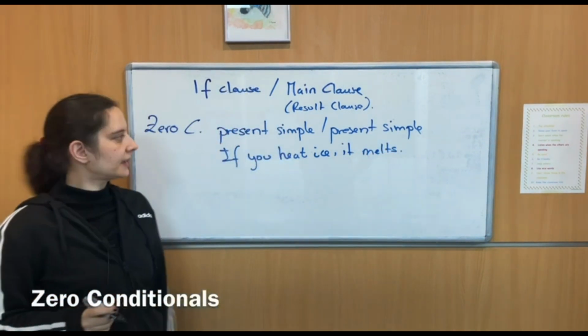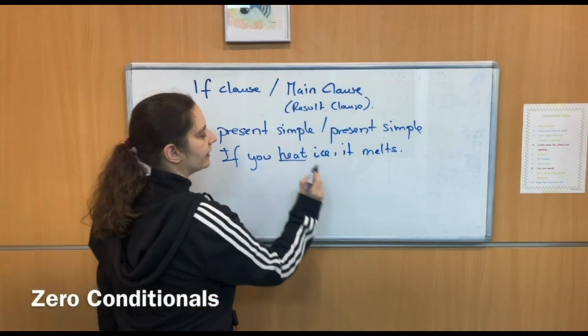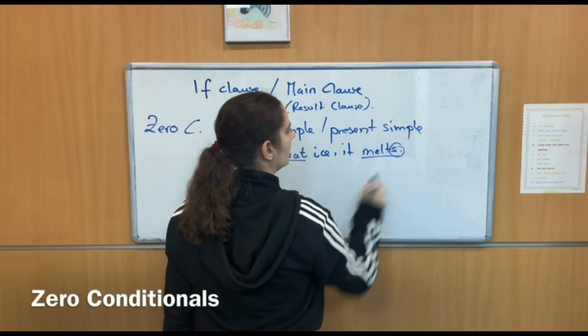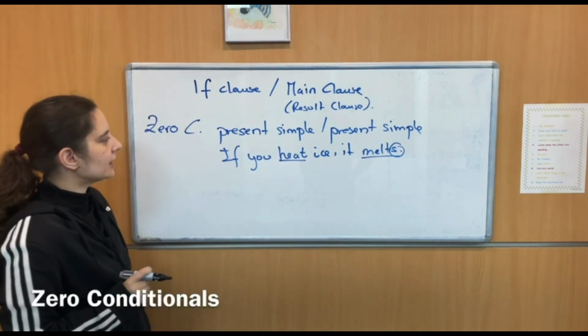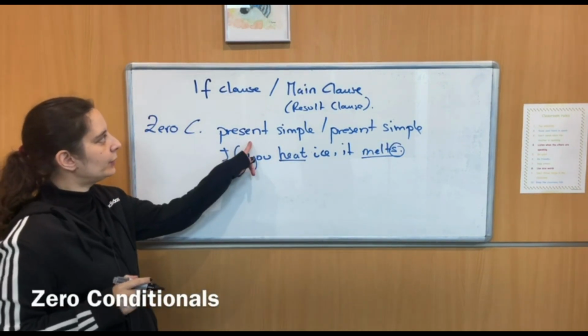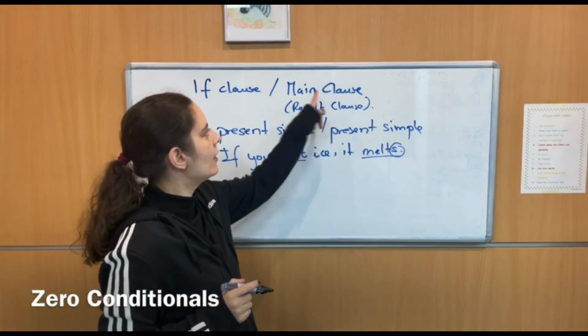So in both sentences we have the present simple, heat and melts. Remember that with the third person singular we have to add an s at the end of the verb. So present simple for the if clause and present simple for the main clause.